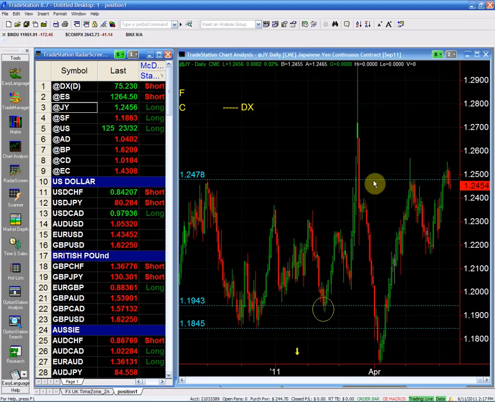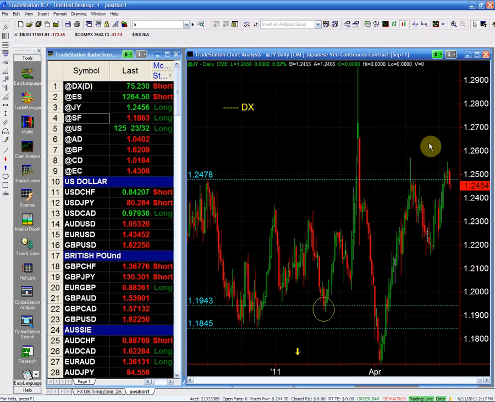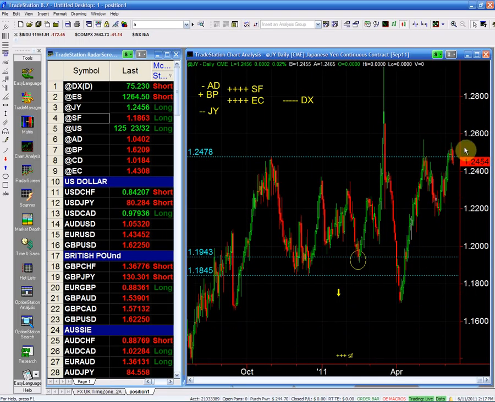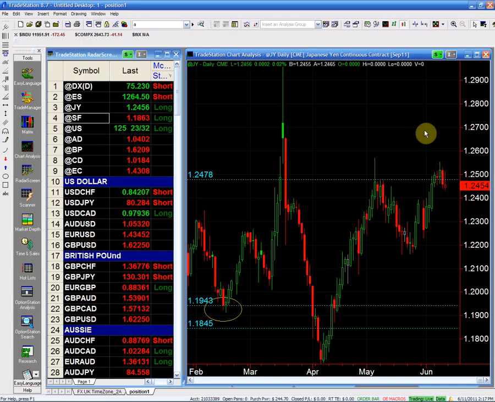We have a minor sell signal on the yen, but this Friday, to say the least, that sell signal has been negated.